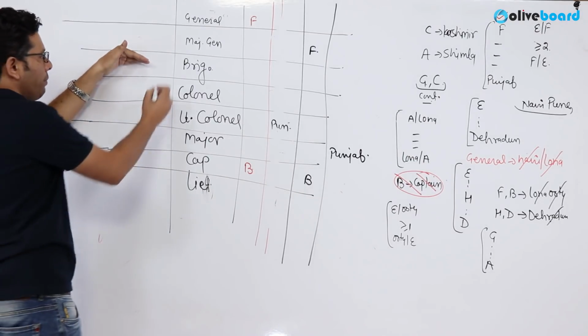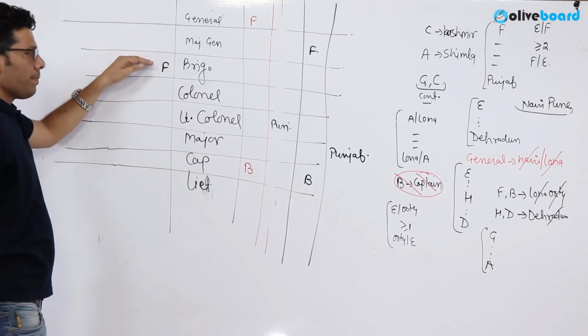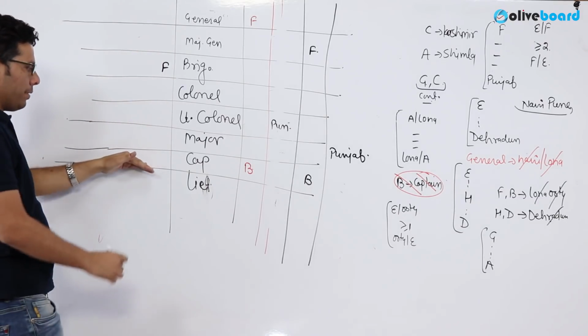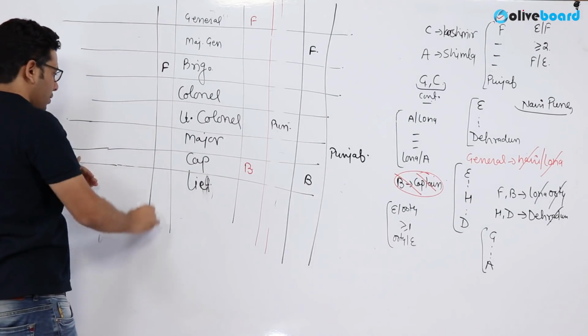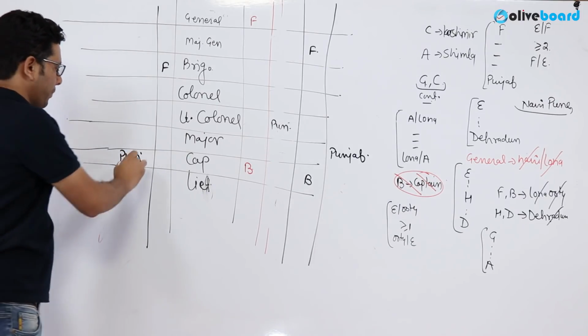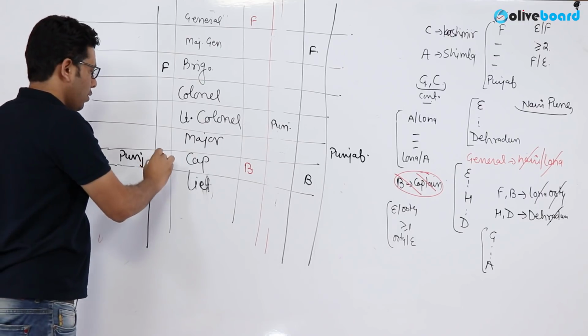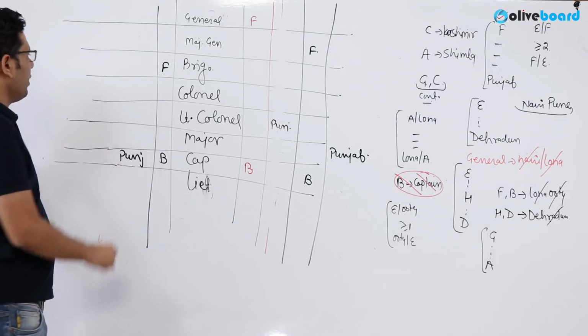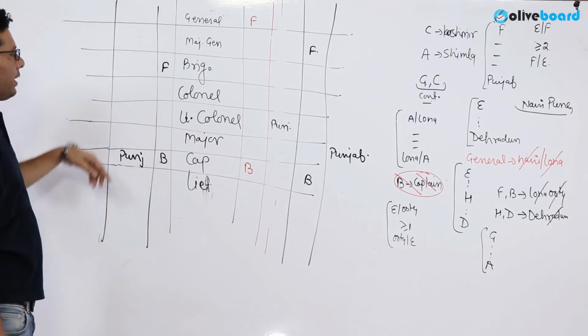So my F can be here also. F, gap of 1, 2, 3, then this should be Punjab. Again B captain is fixed. Now let's move to the next possible case.